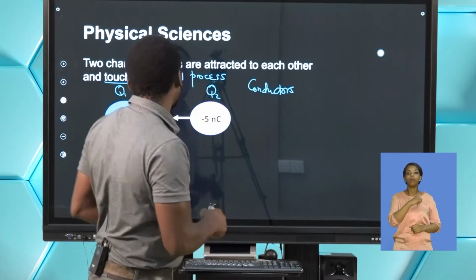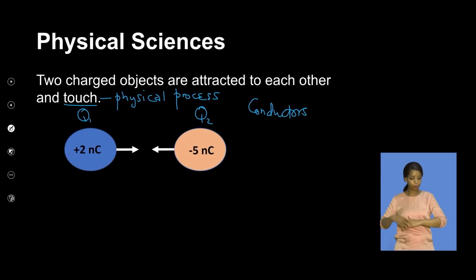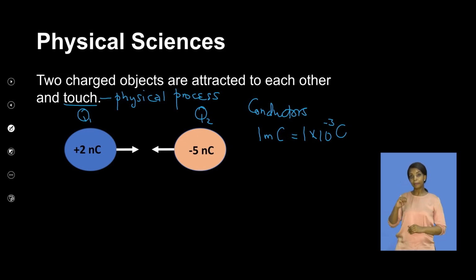Just to get that out of the way, 1 millicoulomb is equal to 1 times 10 exponent negative 3 coulombs. So this is like a 1,000th of a coulomb. While 1 microcoulomb is 1 times 10 exponent negative 6 coulomb. This is like a millionth of a coulomb. It's a fraction. So these are smaller units.